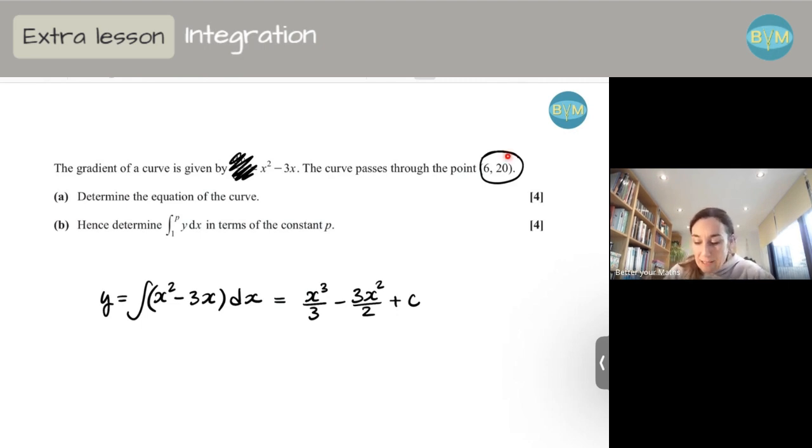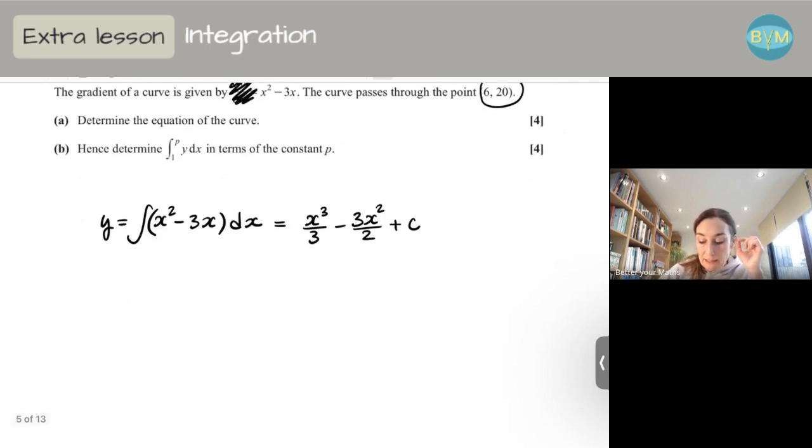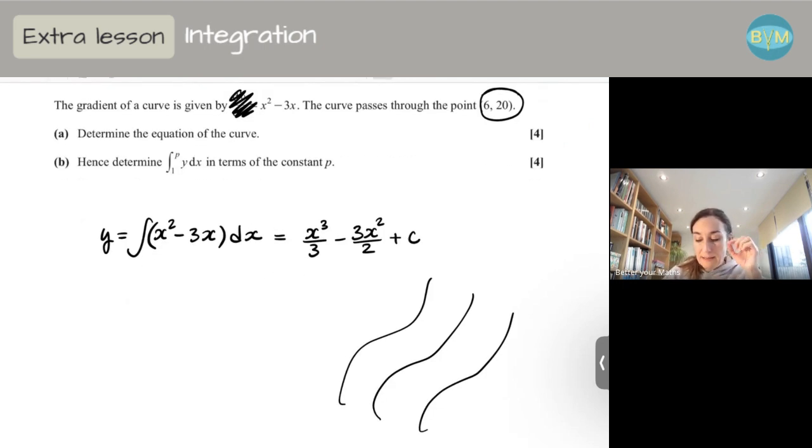Exactly. So I can substitute the point because there are infinite curves that have the same derivative, but only one that passes through one particular point. This constant is just giving me a family of curves that are parallel. When they give me one point, they are helping me to find the specific one that passes through this point.